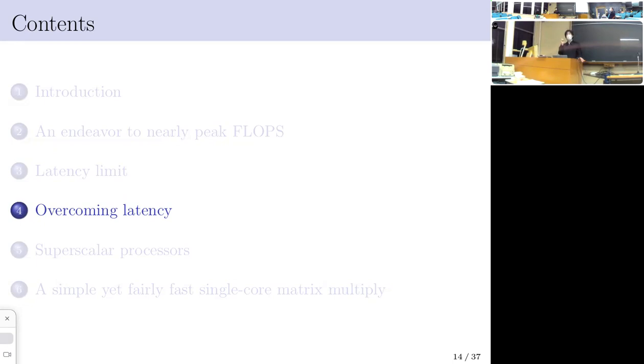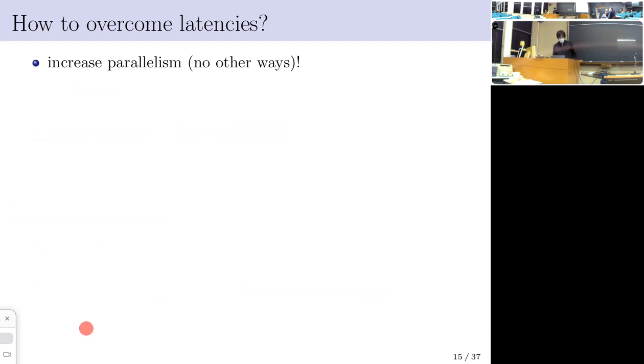But how can you get more performance, and how can you get close to peak performance? This is what the next section is about. After understanding that the performance is limited by this latency, how do you get beyond that? How do you overcome these latencies?